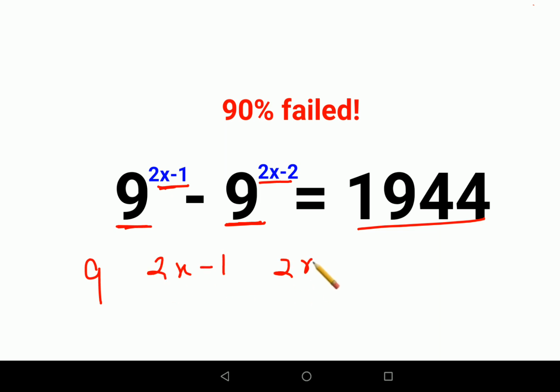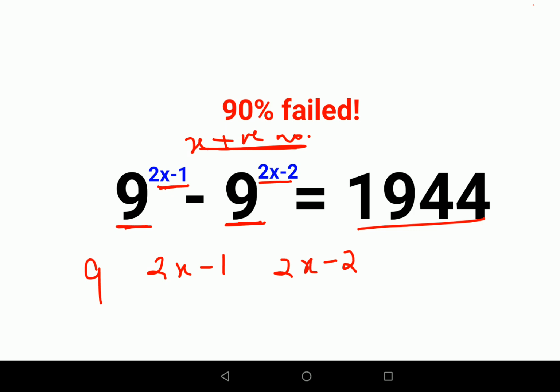2 raised to x minus 1, or 2 raised to x minus 2. I forgot to tell you all, the value of x is a positive number. If it is not a positive number, it would have been a very difficult situation for us.